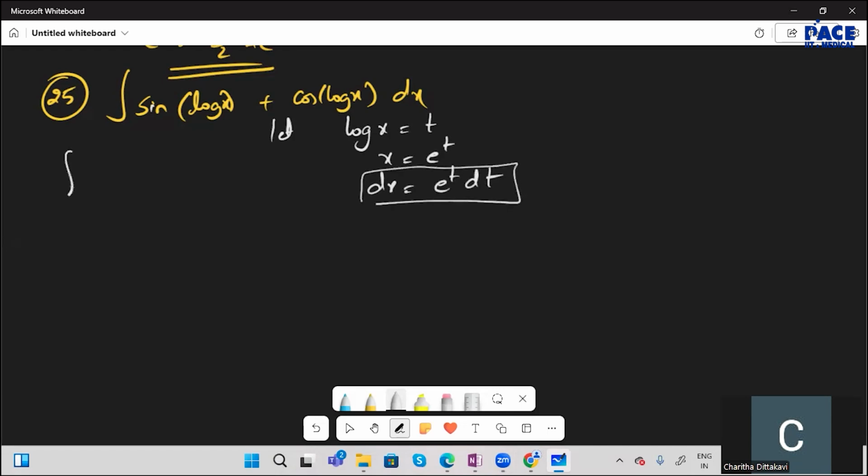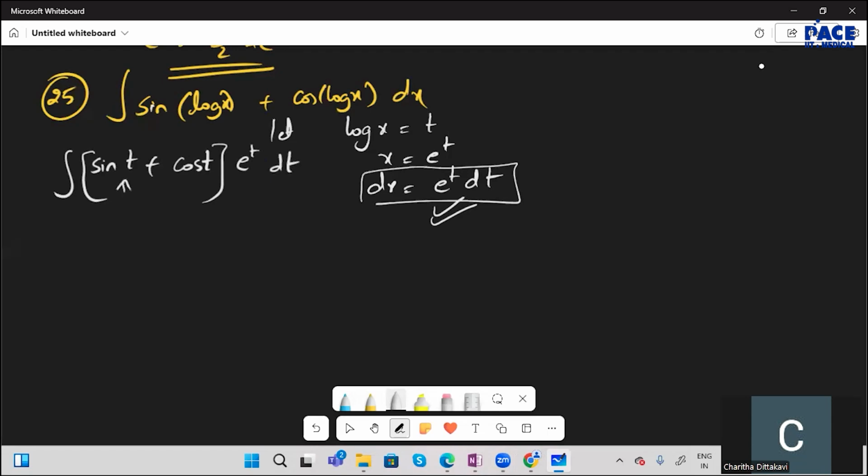Fine. Now just replace. So log x is there, so this is nothing but sine t plus cos t. Now dx, what is dx? e power t dt. Now when you observe, is this nothing but e power x into f of x plus f dash of x?